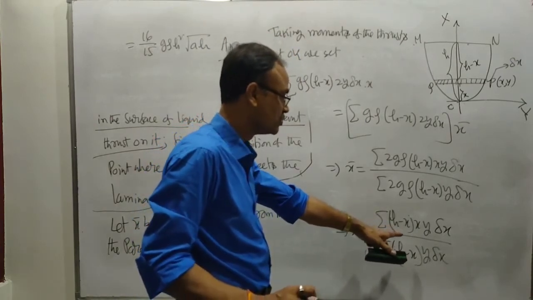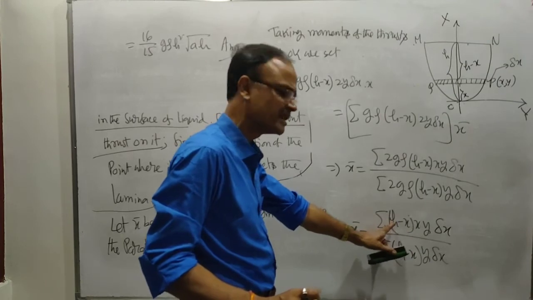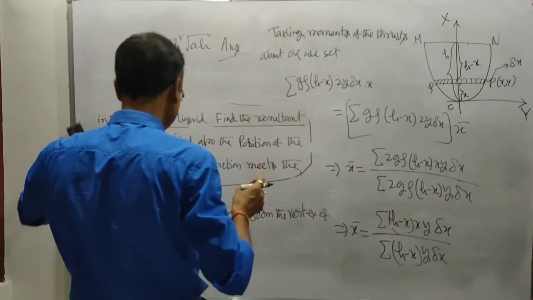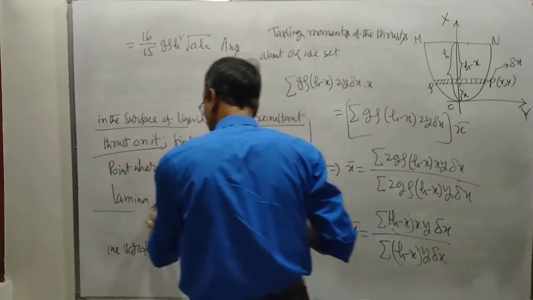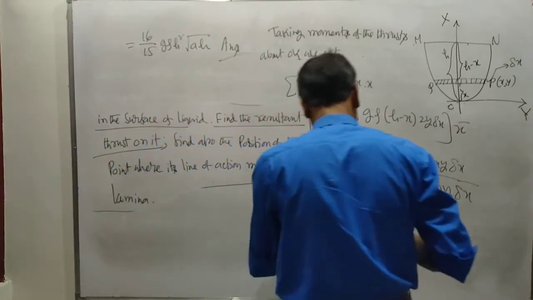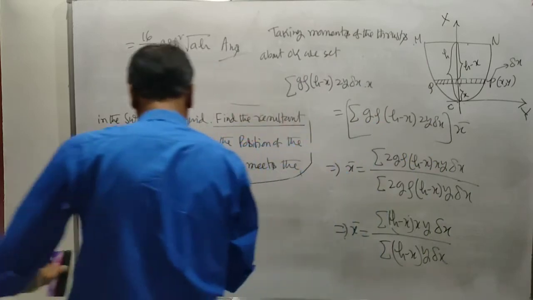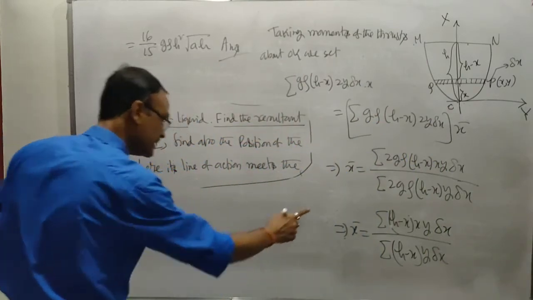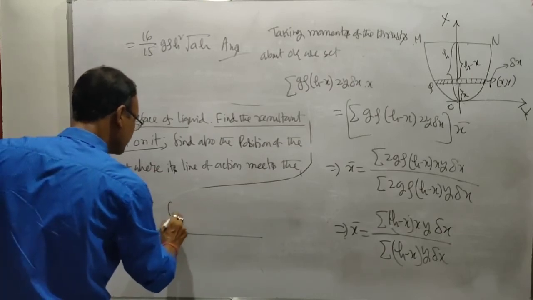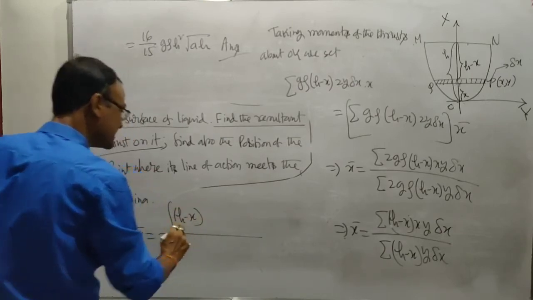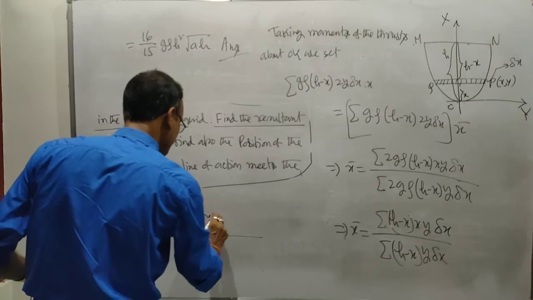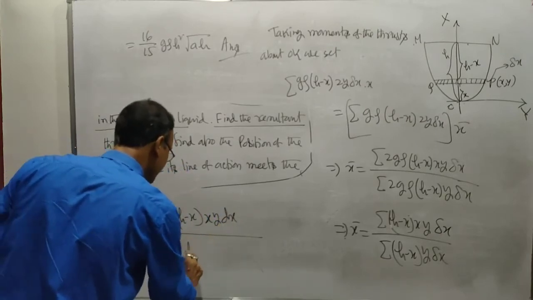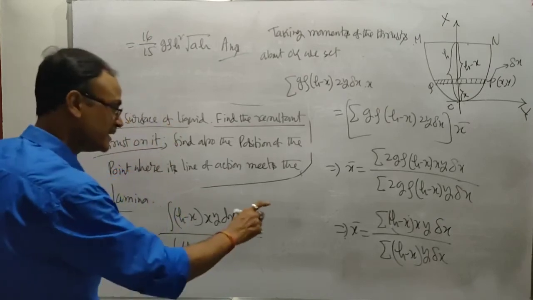Just convert it to the integration. From this I am writing here: x bar equals integration of (h minus x) x y dx over integration of (h minus x) y dx.